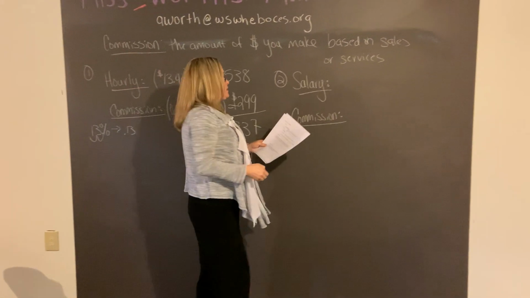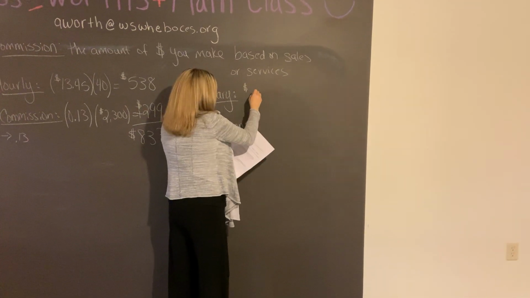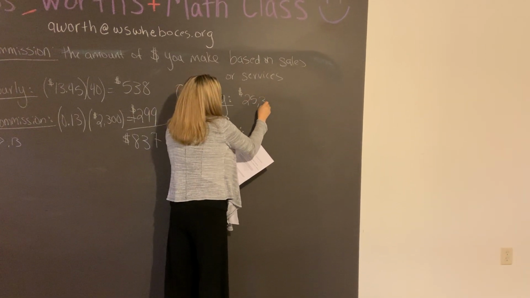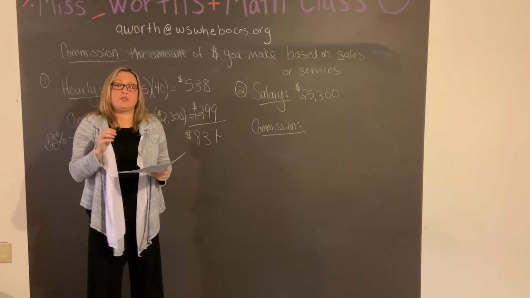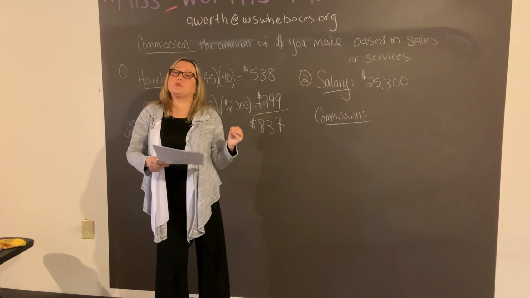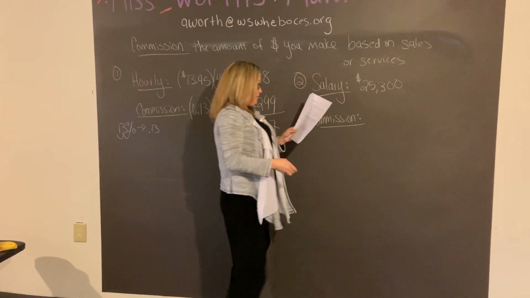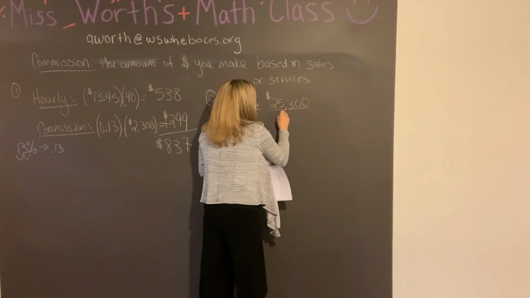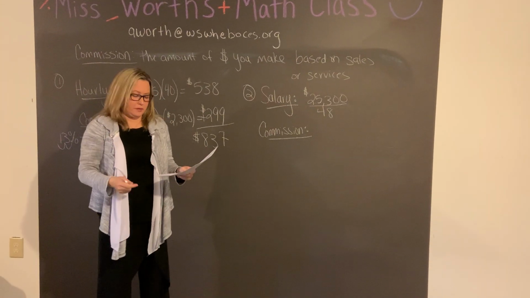Okay? She gets paid $25,300 a year. Okay? And we know that she works 48 weeks. We need to figure out what her salary is per week, just like we did before when we divided. I'm going to divide this by 48 weeks to figure out what her salary is per week. Okay?